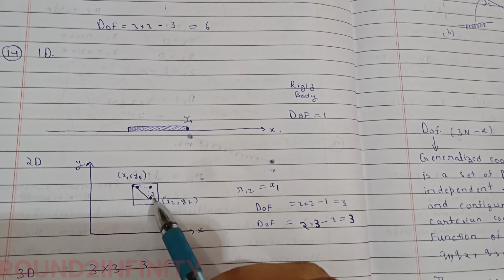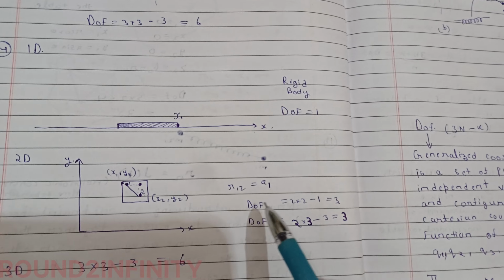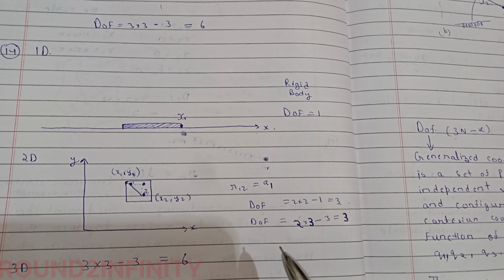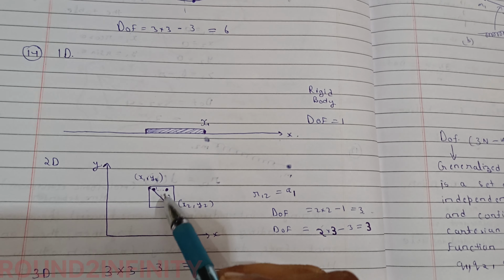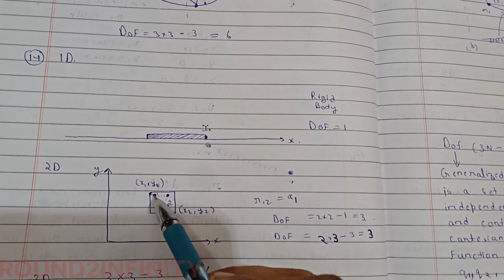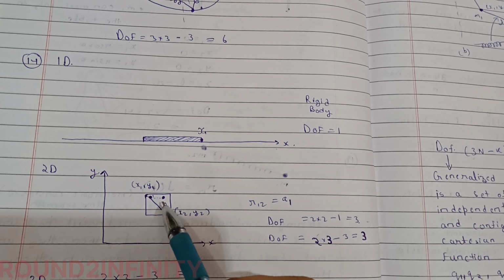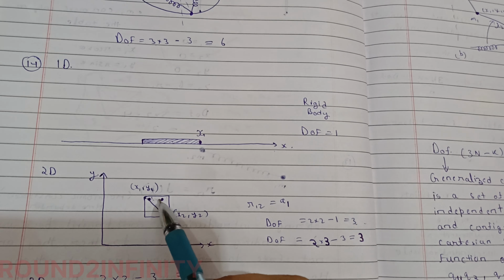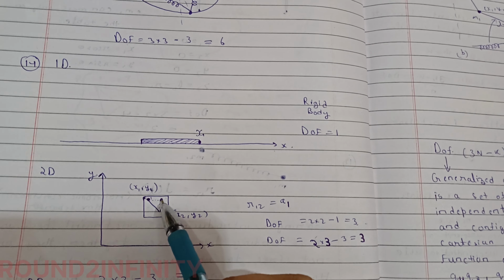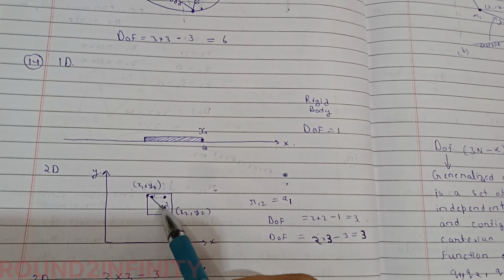So for these 2 masses, the degrees of freedom will be 4 minus 1, that is 3. Now if we take a third point here, its coordinates can be determined using these two, because this length is fixed and this length is fixed, and only 2 variables and 2 equations we are getting. So now this third one's coordinates can be found using the help of these 2.